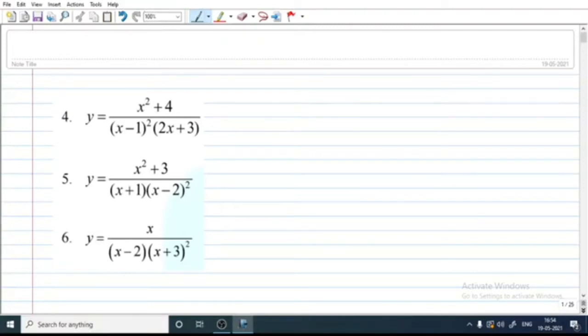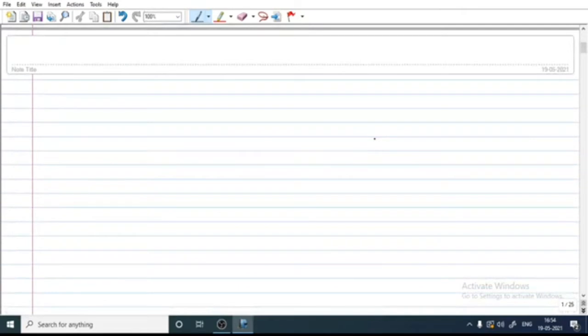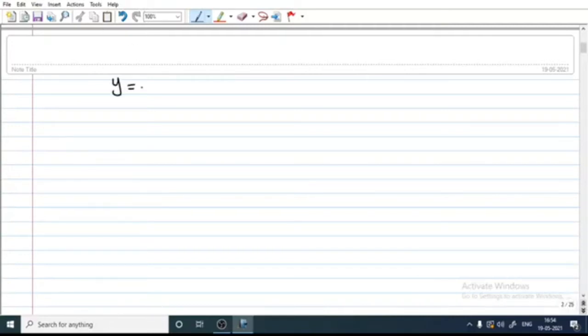Okay, so let's move on. y equals (x square plus 4) upon (x minus 1) the whole square into (2x plus 3).